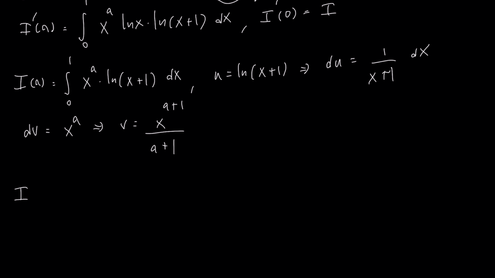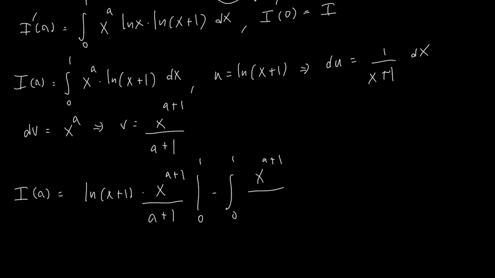So we have I of a is going to be the natural log of x plus 1 times x to the a plus 1 divided by a plus 1 from 0 to 1 minus the integral from 0 to 1 of v, and then du, which will be times 1 over x plus 1 dx.